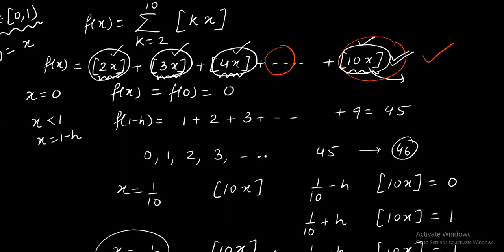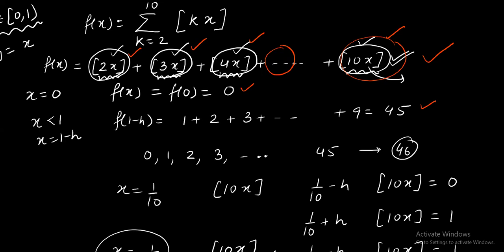That is the reason it might be possible that the function f(x) is not taking each and every integral value between 0 and 45. But one thing is sure, the function will keep on changing its value whenever there is a point at which any one of these integral parts becomes an integer.